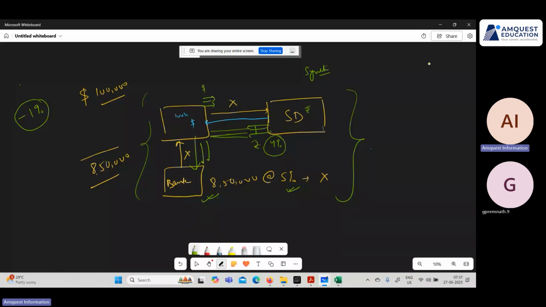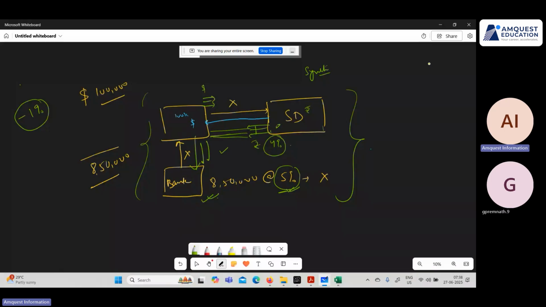Just think about these green lines. If I raise the money at 5% from the bank and then give it to the swap dealer, then when the swap dealer pays me a quarterly payment, in a usual scenario the swap dealer would be paying me less.